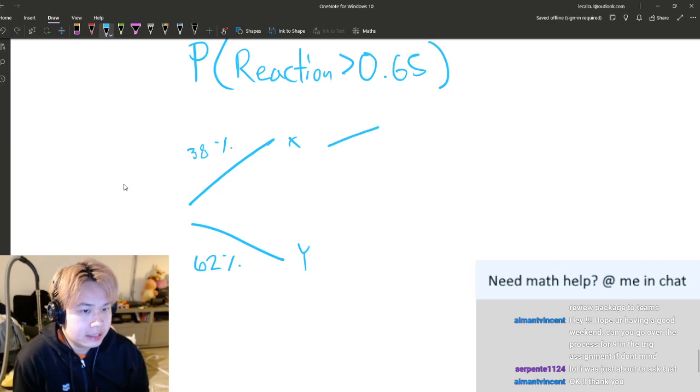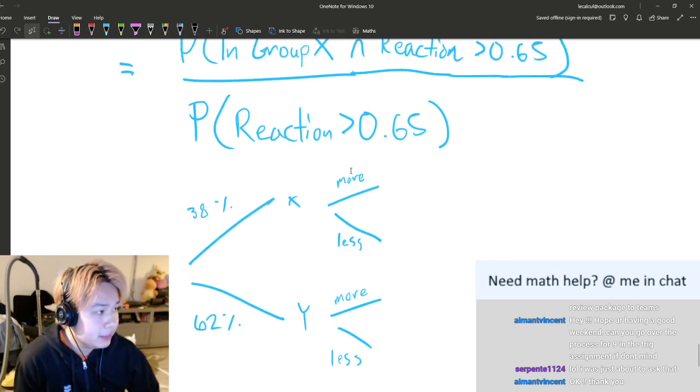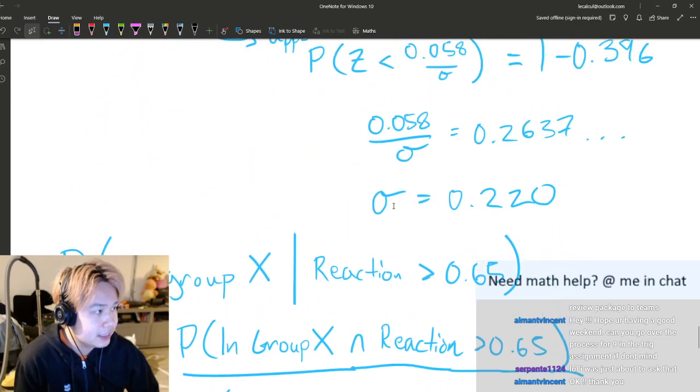Now, these are split up into their reaction times, right? The people that are more than 6.5 and the people that are less. So more and less. And we found out the probability of each group being more than 0.65 seconds of reaction time.